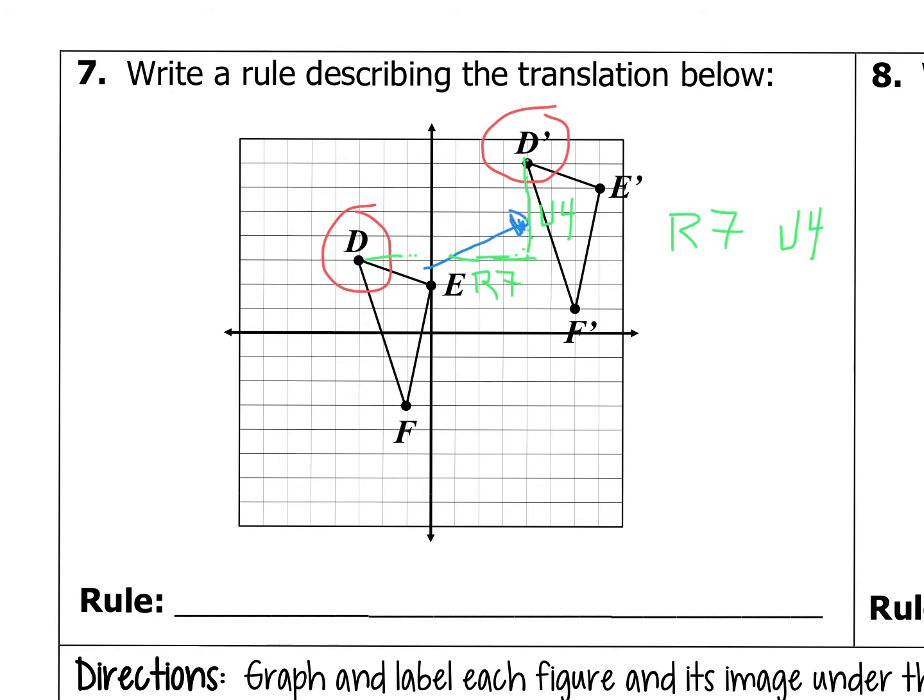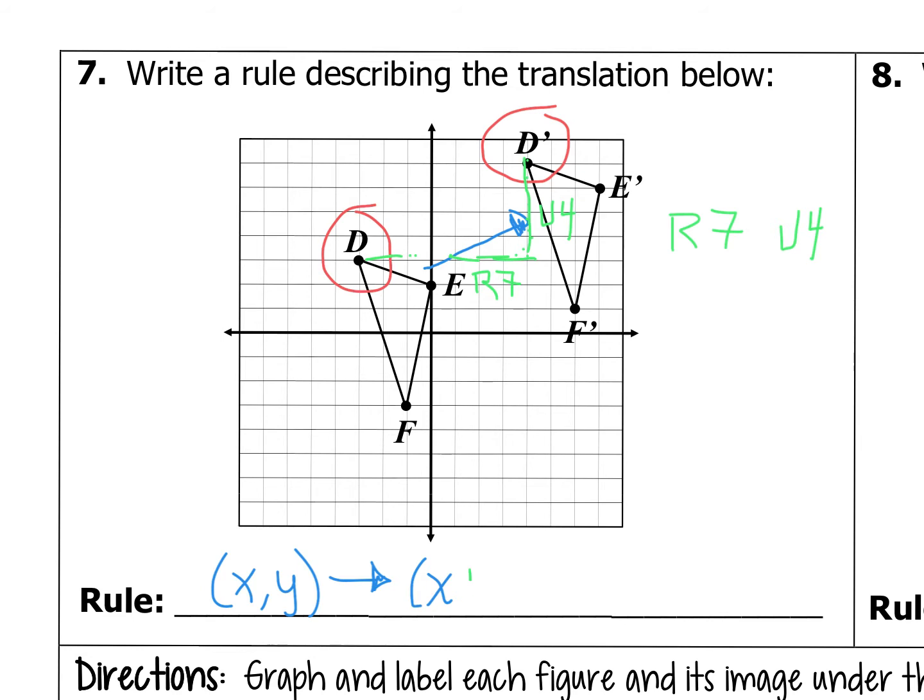So remember to write that notation. You take an ordered pair, so x comma y, and then the arrow implies a translation. So that says every ordered pair is going to translate to, you're going to take your x, and because we went right 7, that's a plus 7. If it were left 7, we'd do a minus 7.